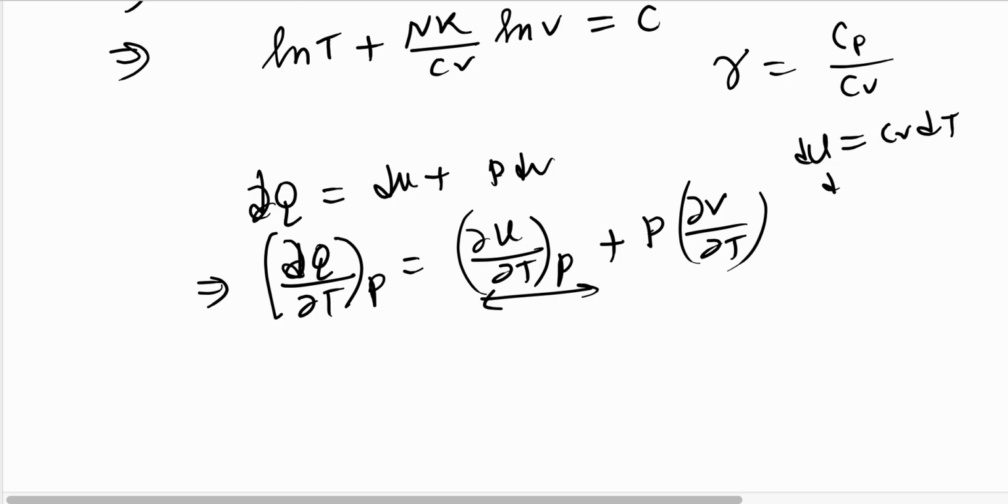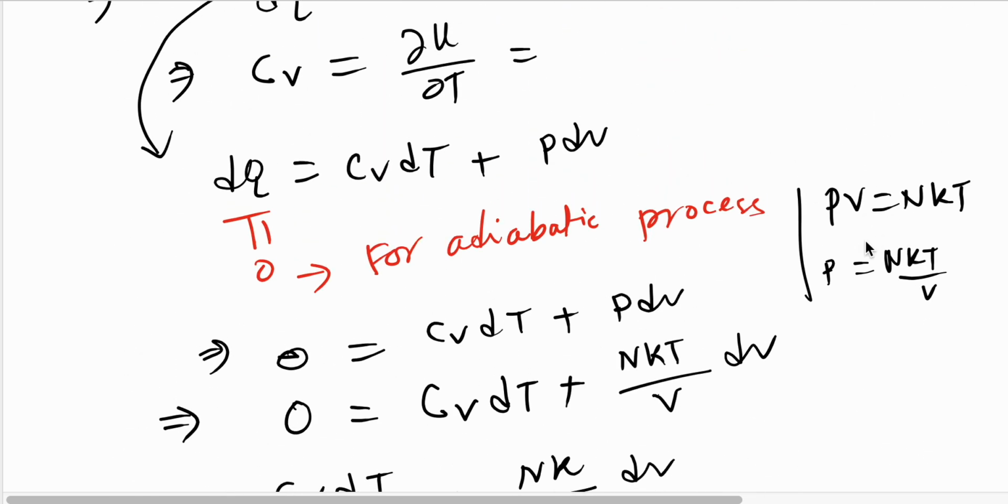So we can write this as Cv plus P del V by del T, with pressure constant.